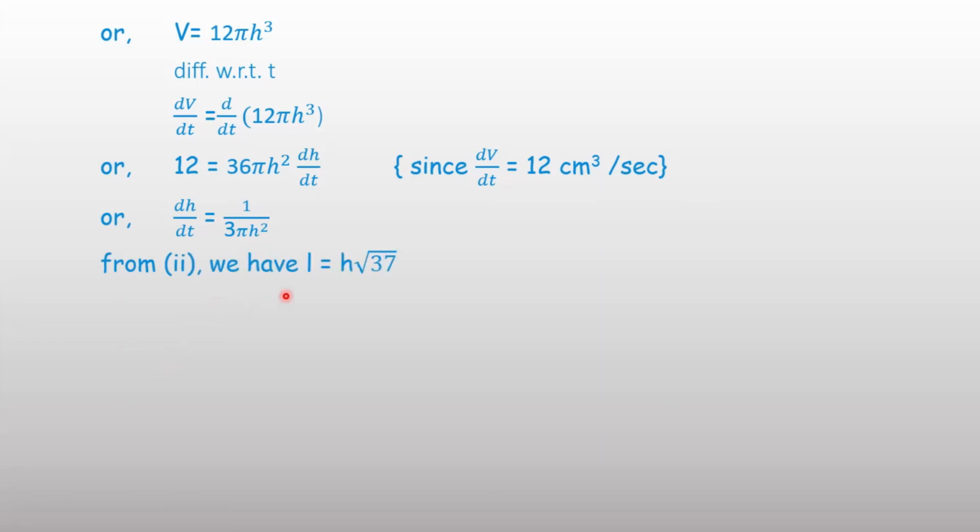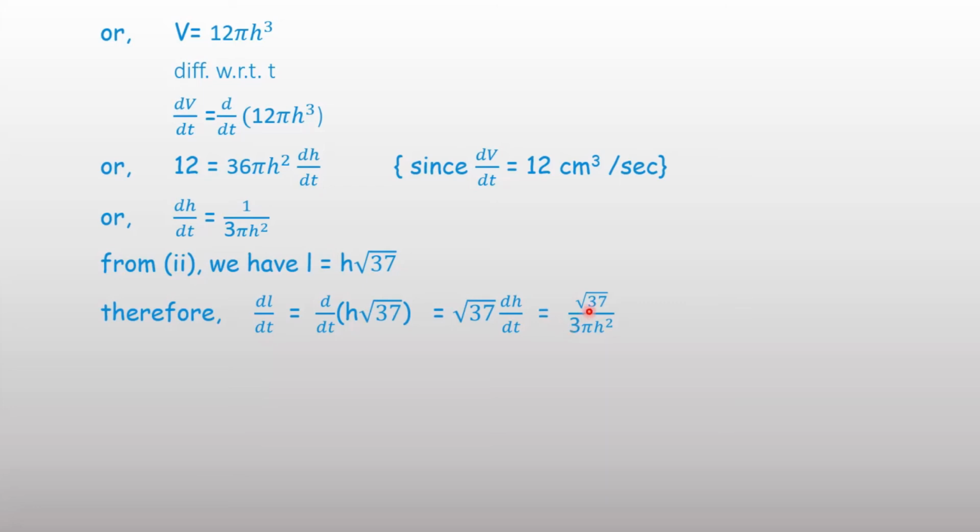From equation first, L is given as h root 37. Therefore, dl by dt equals d/dt of h root 37, or root 37 into dh by dt, and the value of dh by dt is 1 upon 3 pi h square.